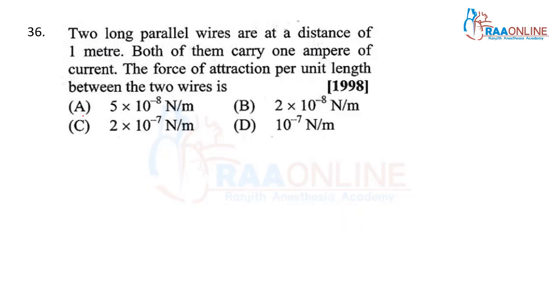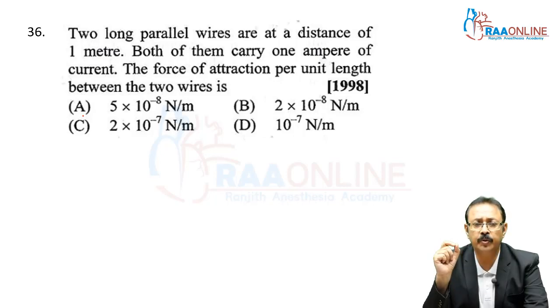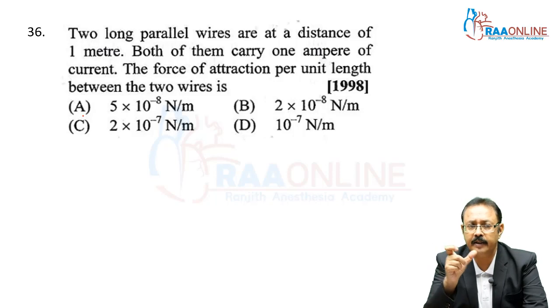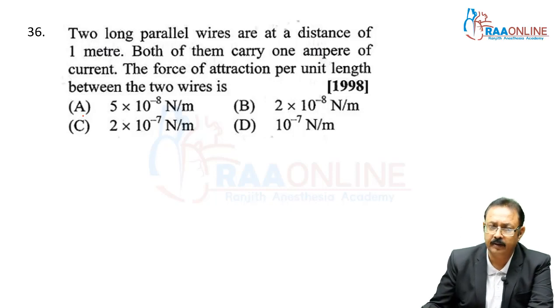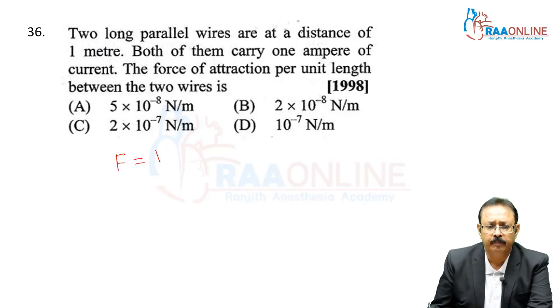Next is from 1998 AIPMT. Two long parallel wires are at a distance 1 meter. Both of them carry 1 ampere of current. The force of attraction per unit length is, again a direct formula. What is the formula? Mu naught upon 4 pi, 2 I1 I2 upon the distance between the wires.